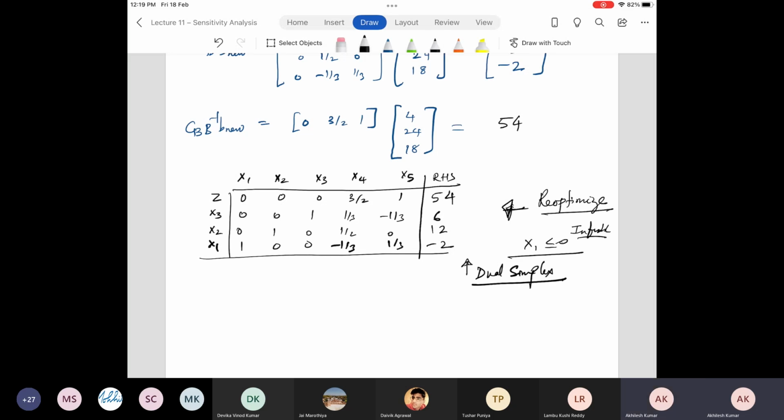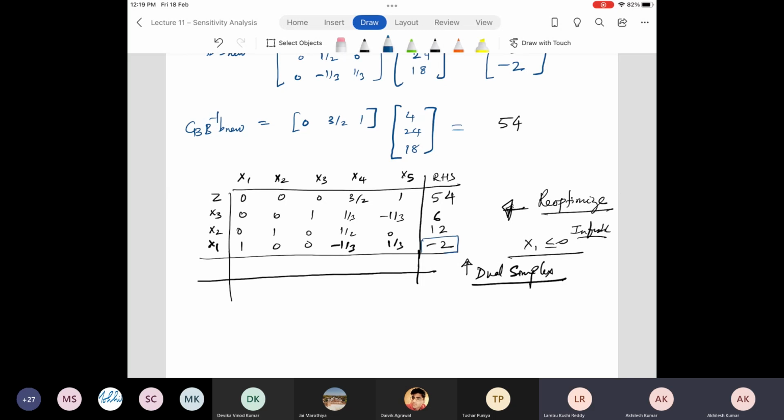Remember this method? Yes, sir. We'll multiply with minus 1 all the equation. Nothing, you don't need to do anything. You have a negative RHS, you will simply invoke dual simplex from here. No need to change any equation, anything.